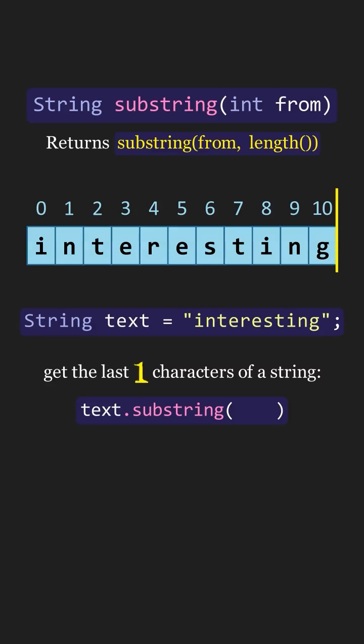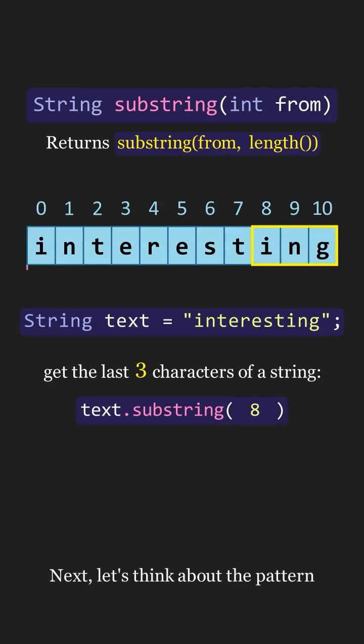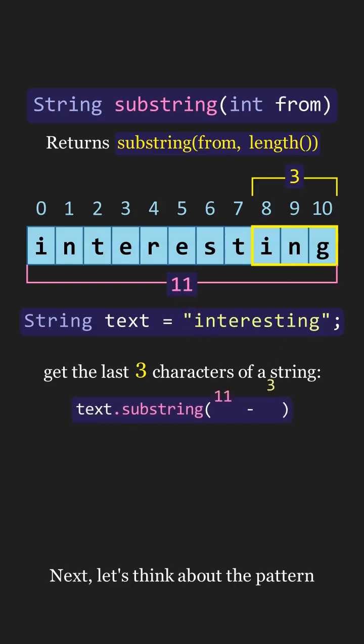When m is 1, substring from 10. M is 2, from 9. M is 3, from 8. Next, let's think about the pattern. 8 comes from 11 minus 3, where 11 is the length.